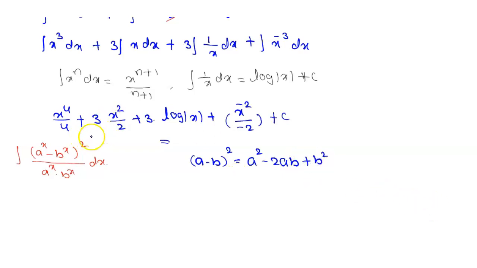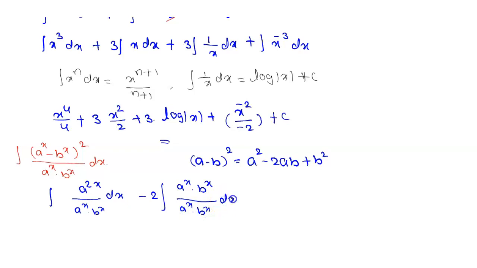So if you apply that formula, this can be written as integral a power 2x by a power x into b power x dx, immediately separating, minus 2 integral a power x into b power x by a power x into b power x dx, plus integral b power 2x by a power x into b power x dx.